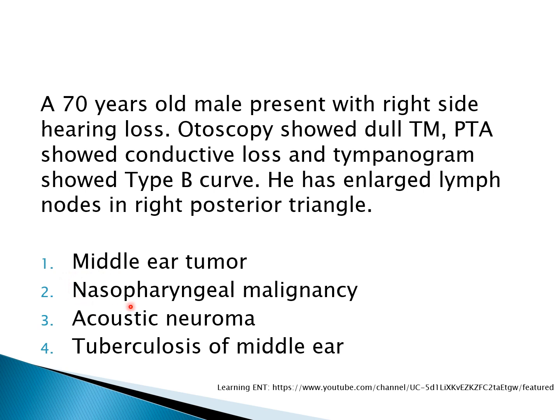Nasopharyngeal malignancy. This fits into our diagnosis because the patient might be having some malignant mass in the nasopharynx, which is the cause for development of the secretory otitis media and also the metastasis of the lymph nodes in the posterior triangle. Then acoustic neuroma, again generally there is no lymphatic metastasis, and even the age of the patient does not match with acoustic neuroma. Tuberculosis of the middle ear. Tuberculosis generally presents as a discharging ear or pale granulations are present.